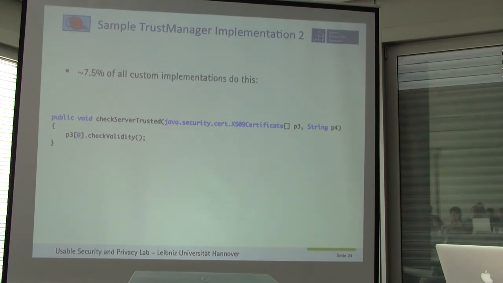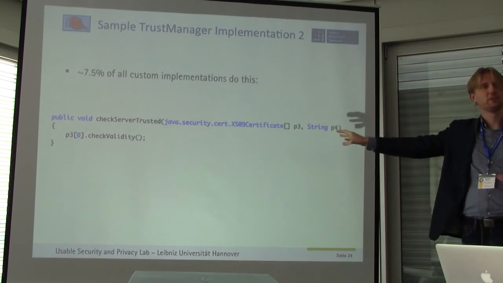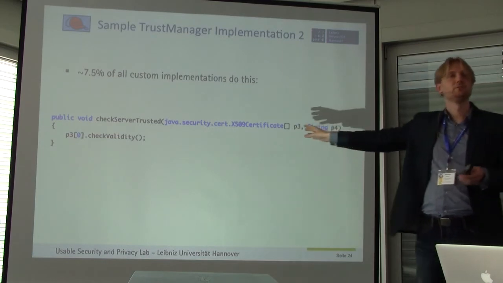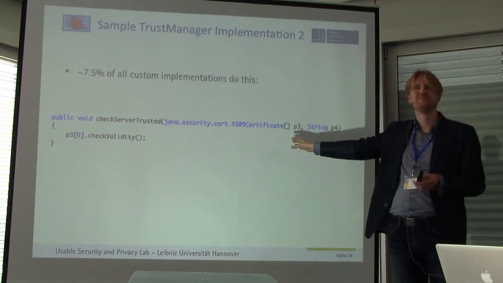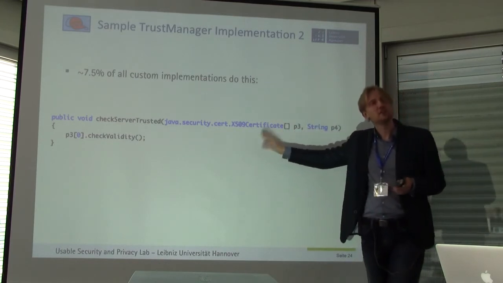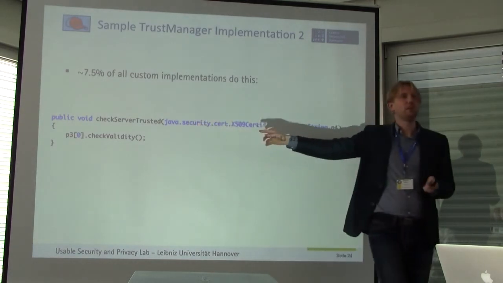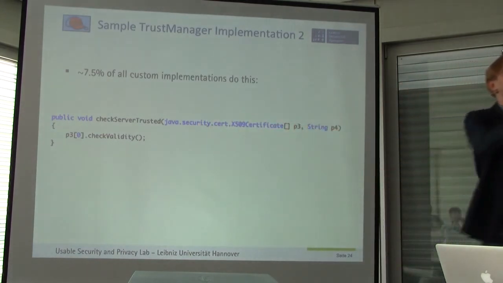Now, this is something I'd ask the audience. How many of you think that this checks the validity of the certificate? No hands. We have a very cagey audience. Actually, it does check the validity. I mean, that's its name. The question is, can someone tell me what the certificate's validity is? Yes?